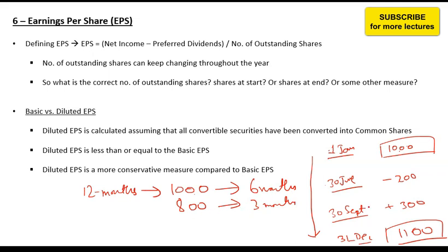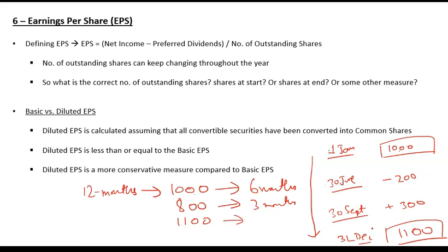Now after 30th September, company issued more shares of 300. So that means at 30th September, shares increased from 800 to 1100. That is 800 plus 300. So on 1st October, total number of shares was 1100.